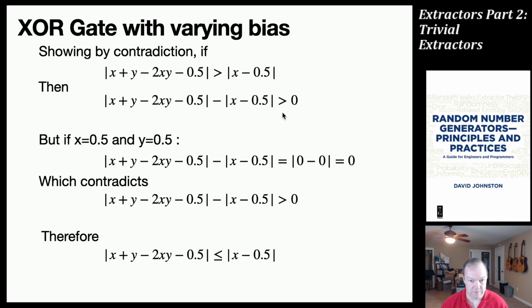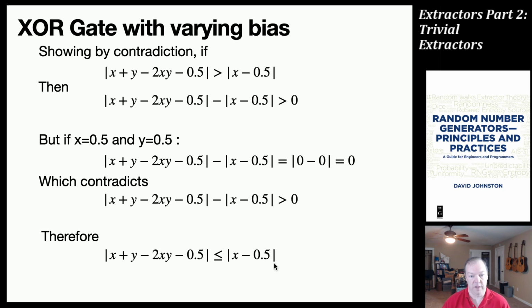So the true statement is the reverse, which is that this is less than or equal to this. So we've proven that the deficiency at the output is less than or equal to the deficiency at the input pin, and for both pins.